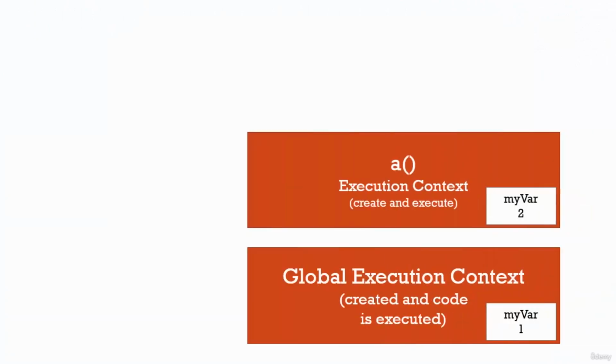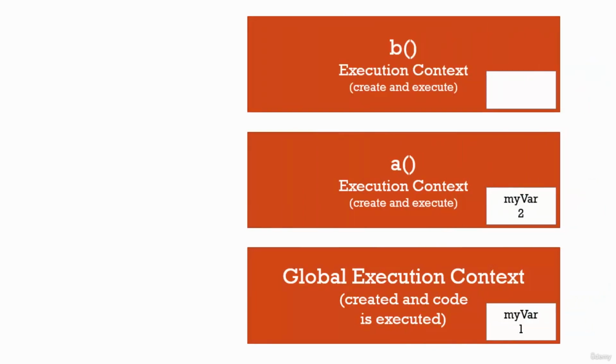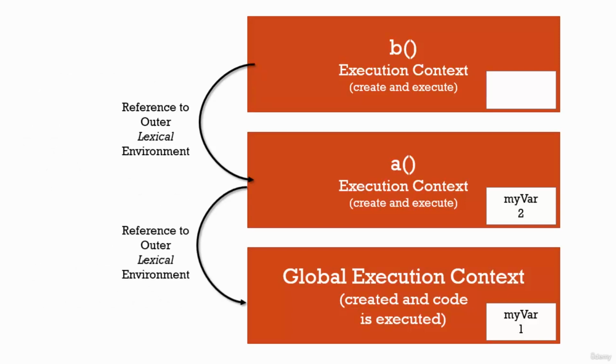Well, the same execution contexts were created. A global, and then A was called, and then B was called. However, because B was sitting physically inside the A function, the JavaScript engine said its outer reference will then be A, because that's where it's physically sitting. And A's would then still be the global.